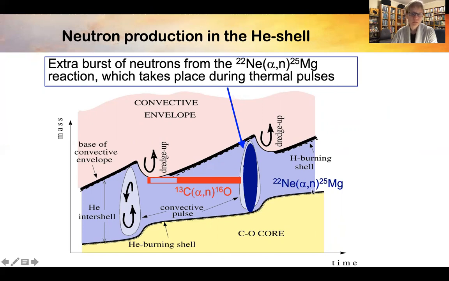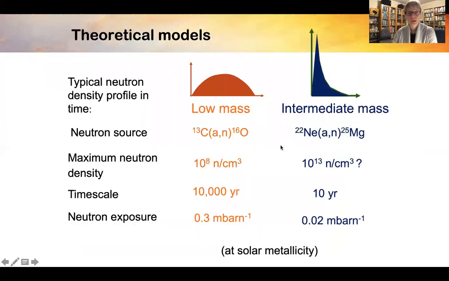Those neutrons are captured by iron peak elements, and this convective helium shell then becomes enriched in s-process elements. These are very well mixed throughout this region very rapidly, and some of that is dredged to the stellar surface. So we end up having 2 different neutron sources for our stellar mass ranges.